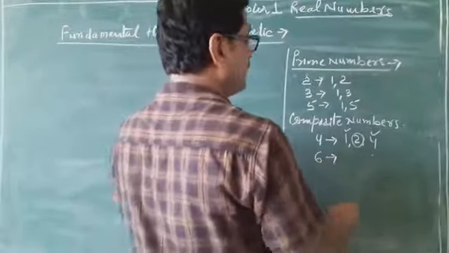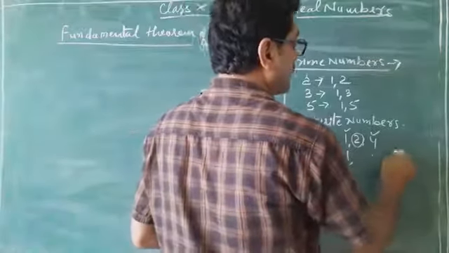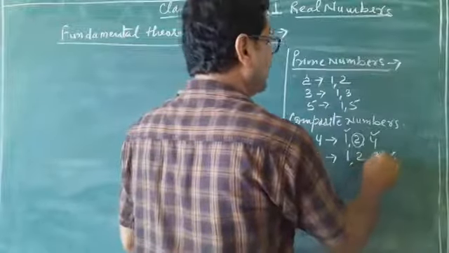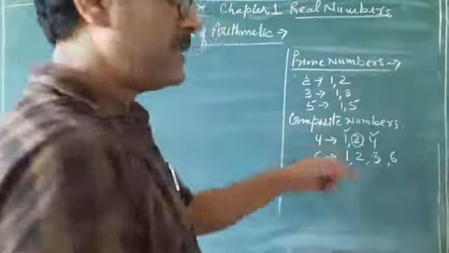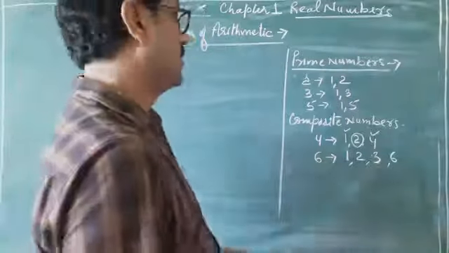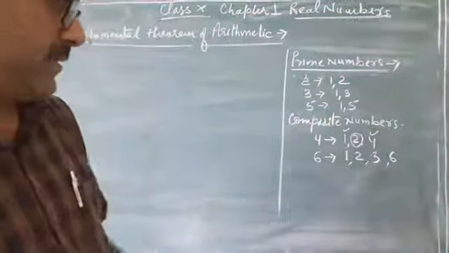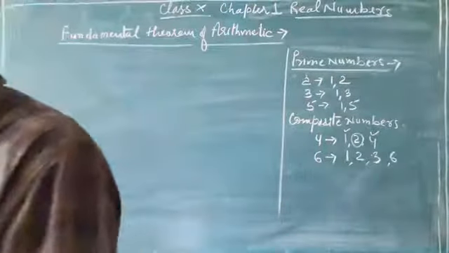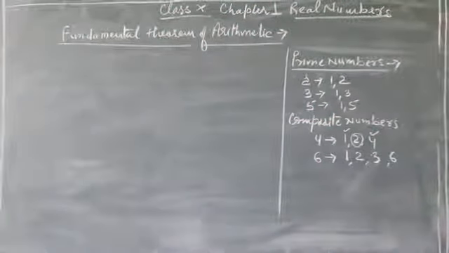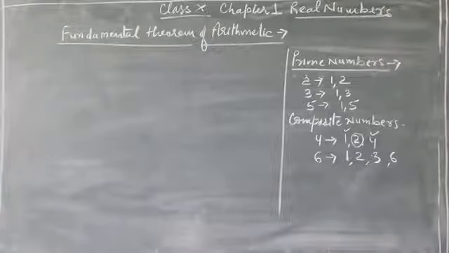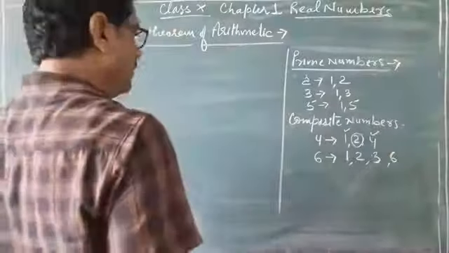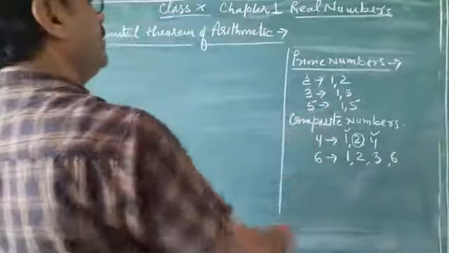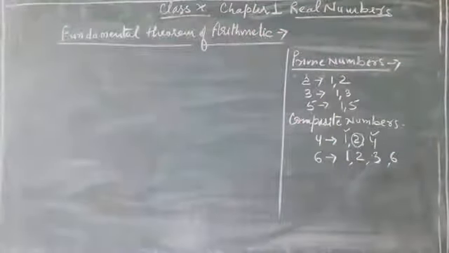So 6 is divisible by 1 and 6 as well as by 2 and 3. So 6 has more factors except 1 and 6 itself, meaning 6 is also divisible by 2 and 3. So the number which has more than 2 factors is called a composite number.